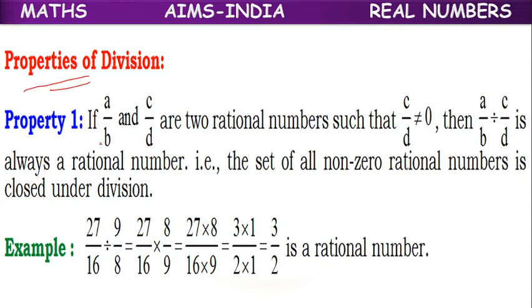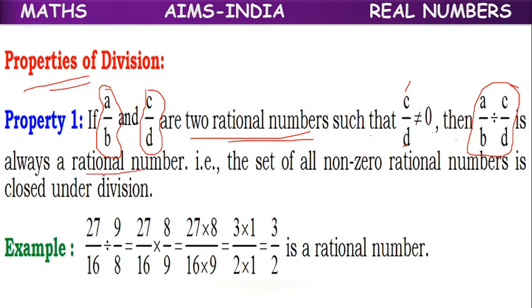Next, properties of division. Property 1: if a by b and c by d are two rational numbers such that c by d is not equal to 0, then their division or quotient is always a rational number.